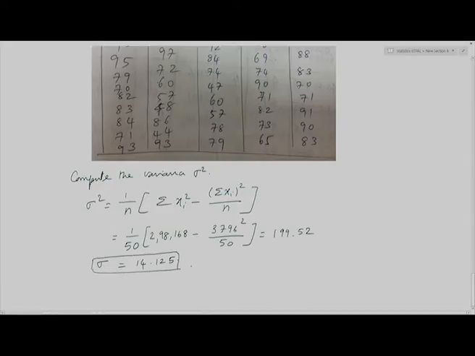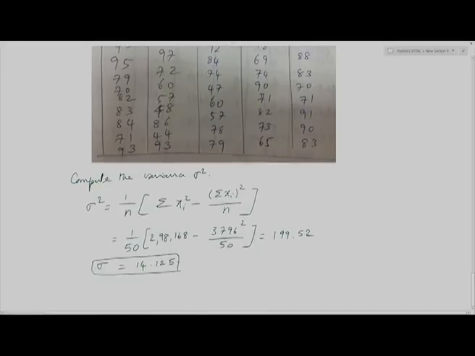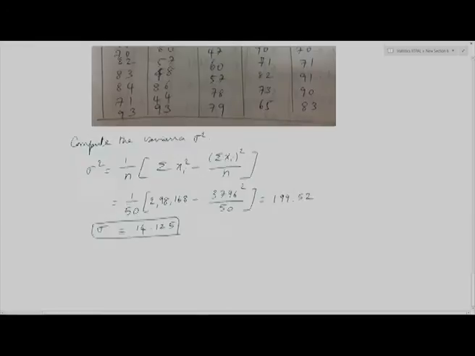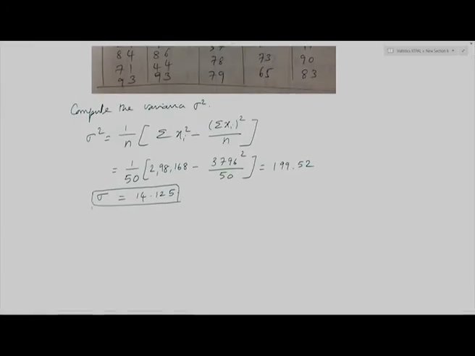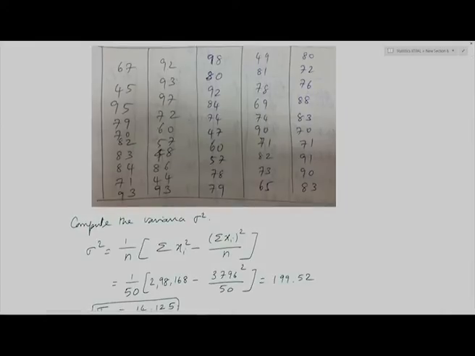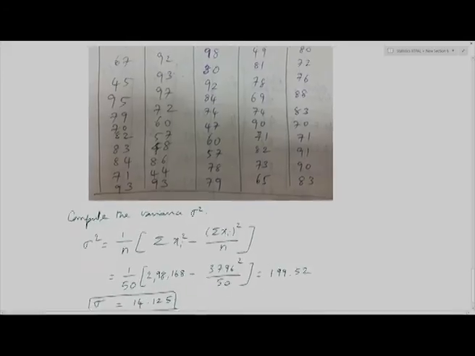Now, instead of that, the better way is we can group this data. How do we group the data? We have the options. If you look at this data, the smallest entry is 44 and the largest entry is 98.